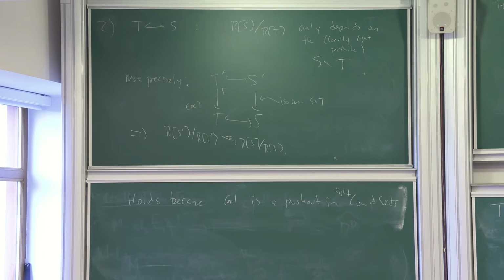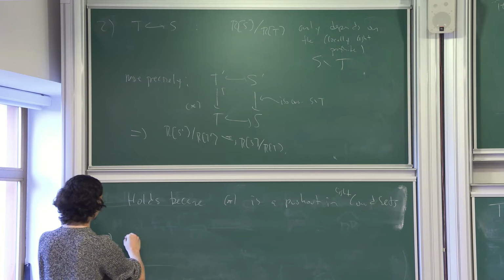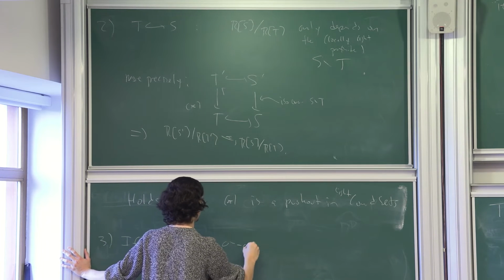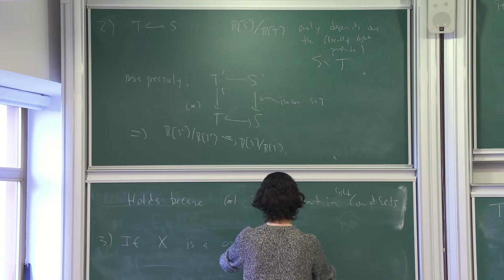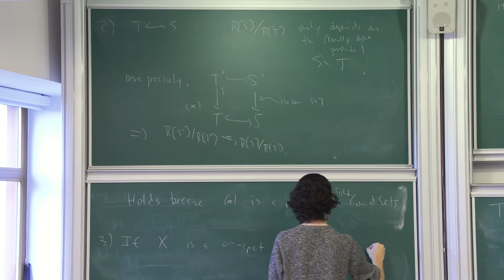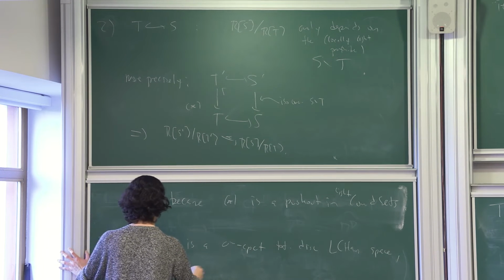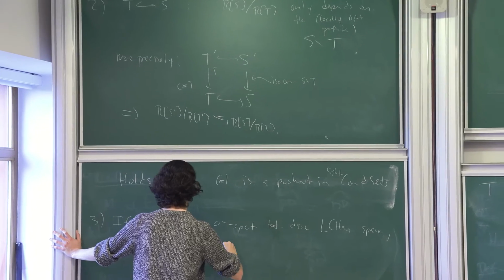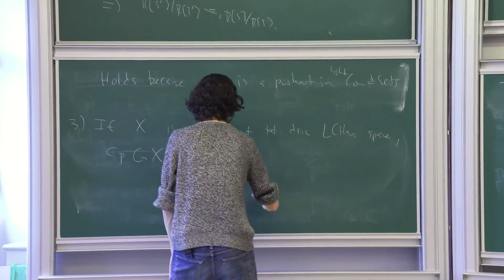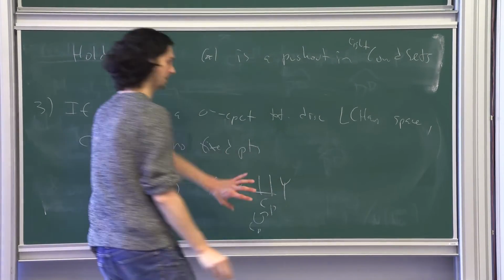Okay. And then the third thing is that if, let's say, X is a sigma compact, totally disconnected, locally compact Hausdorff space, and CP acts with no fixed points, then X is actually isomorphic to some coproduct of CP many copies of Y, where CP is acting by permuting those copies.